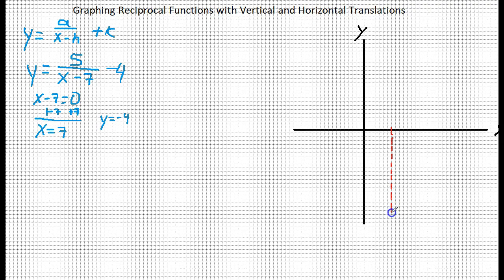This is like a please do not cross line, so I'm going to make this nice and big, going up the whole distance. Now, y equals negative 4, so we count down 1, 2, 3, there's negative 4.